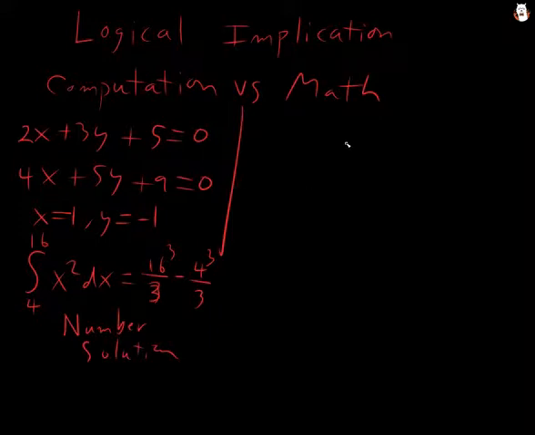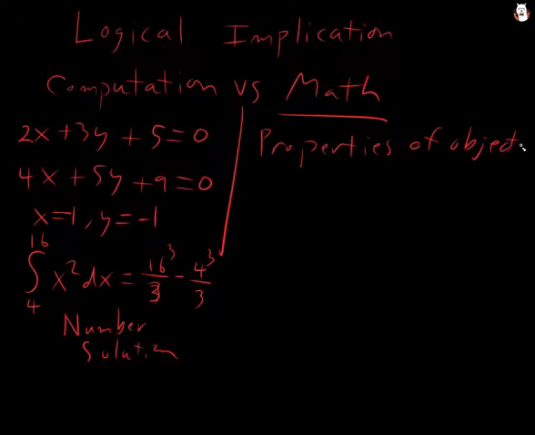In contrast, in pure mathematics, the focus is much less on how to compute something. That often falls within the field of applied mathematics. Rather, we care much more about the properties of objects, and how these properties relate objects together. So how does one object A relate to object B?